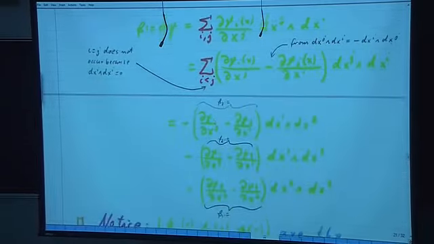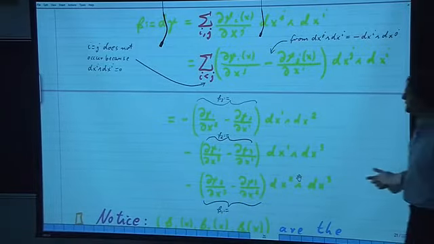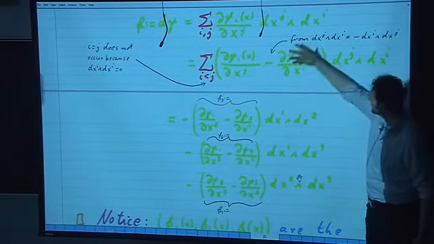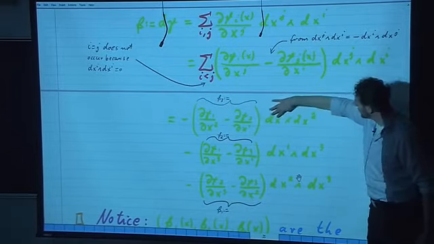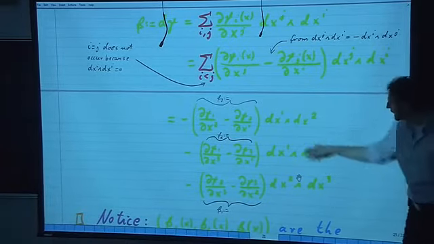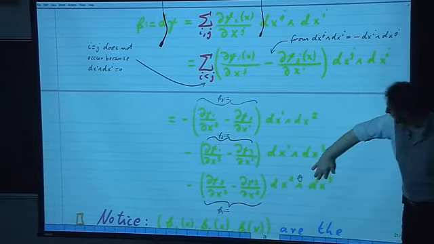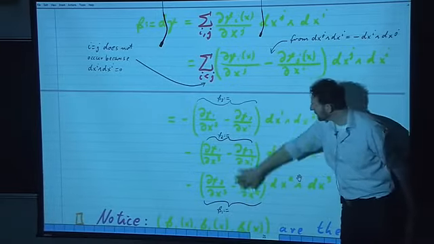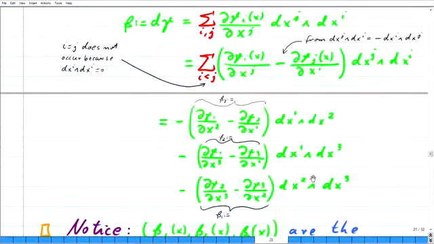And let's explicitly write out what the basis vectors are. The basis vectors in the space of two forms are dx1 dx2, you see, 1 is smaller than 2, dx1 dx3, again ordered, dx2 dx3. And these are the coefficient functions in front of those three basis vectors. And there are three of them.